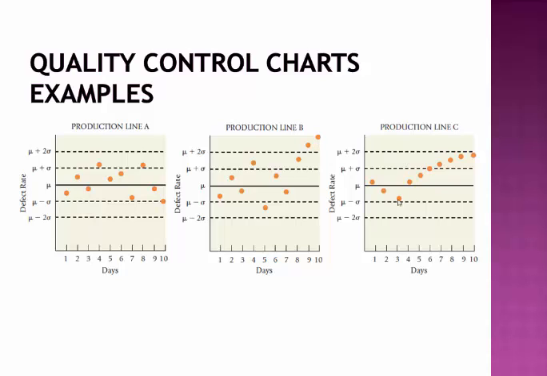We can see that on production line C all of our dots or observations are actually showing up within our limits, but do you guys notice that in C the trend is headed up where it could actually be headed out of our limits?